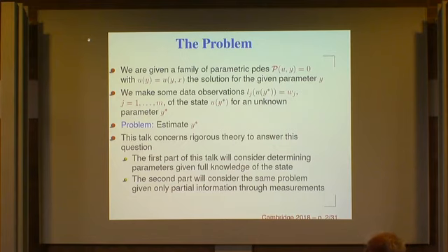I don't know Y star, but I'm going to observe some data about U of Y star, right? Some measurements, linear functionals applied to U of Y star. And that's the information I'm going to have. So I know the PDE, I know the general form of the parametric PDE, and I know this data. And my question is, how well can I estimate Y star?